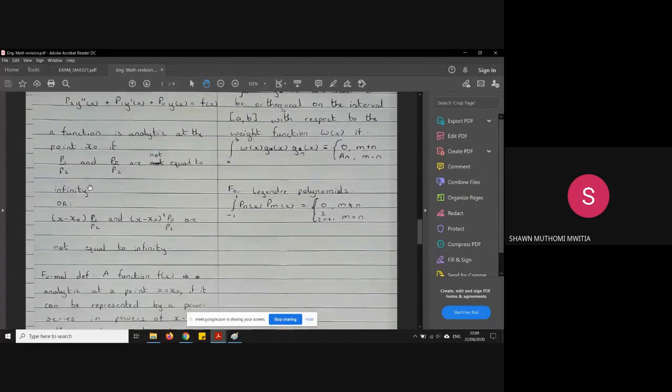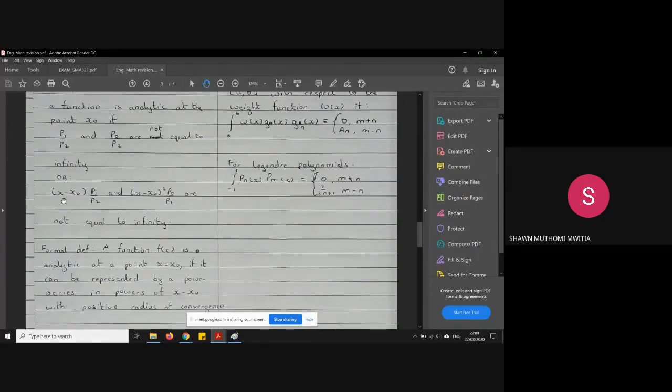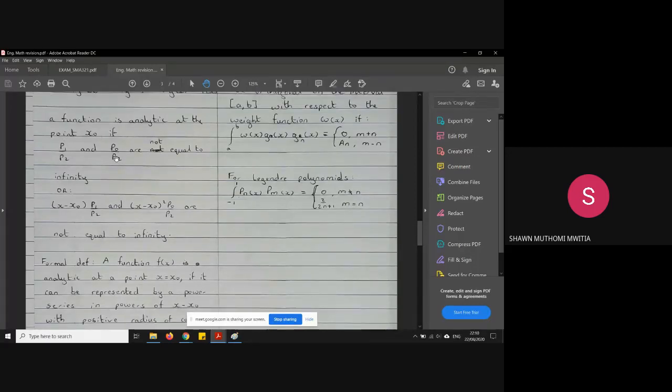The second case, if it's equal to infinity, you can go straight to the second case, which is if (x minus x naught) times p1 over p2 or (x minus x naught) squared times p naught over p2 are not equal to infinity. So if both of them get infinity, then the function is not analytic at that point. But if either of these gets a fraction that's not equal to infinity, then you can say that function is analytic at that point x naught.